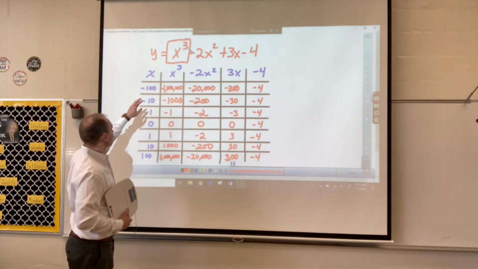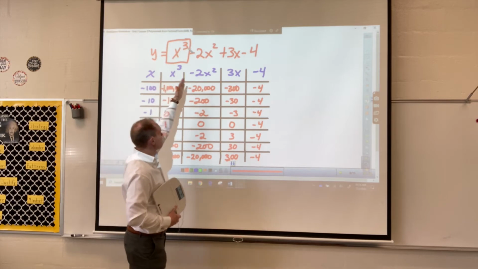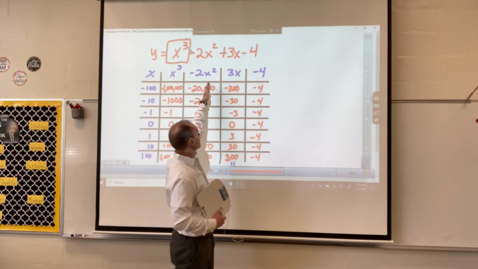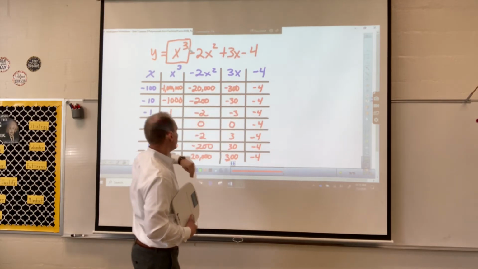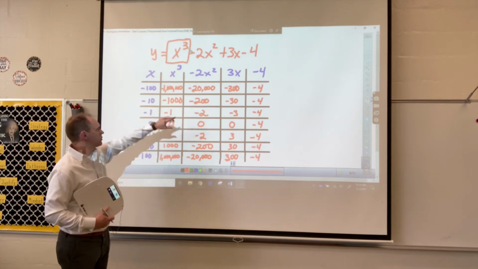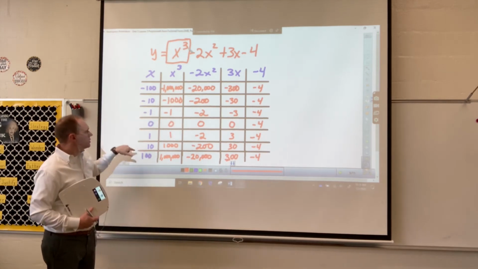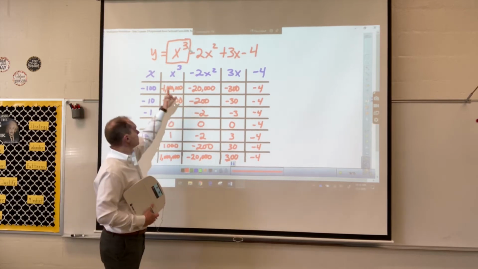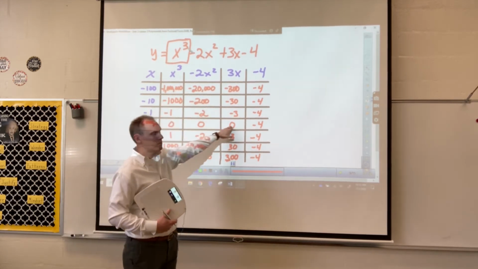So if we look at each component separately, so if we look at how x cubed impacts things, how the quadratic, how the linear, and how the constant impacts things, we can see the different values of these individual components at these x values. So at an x value of 0, the first 3 terms really don't impact at all.